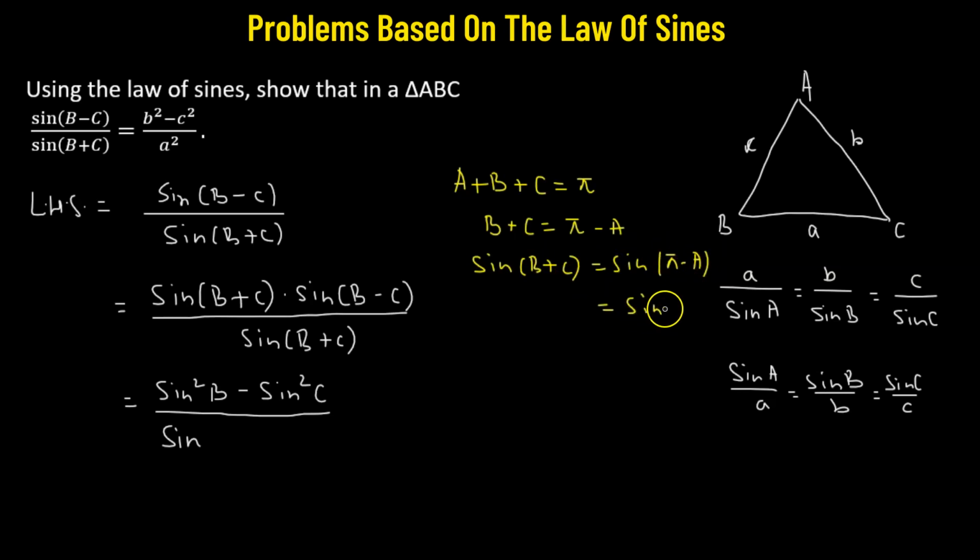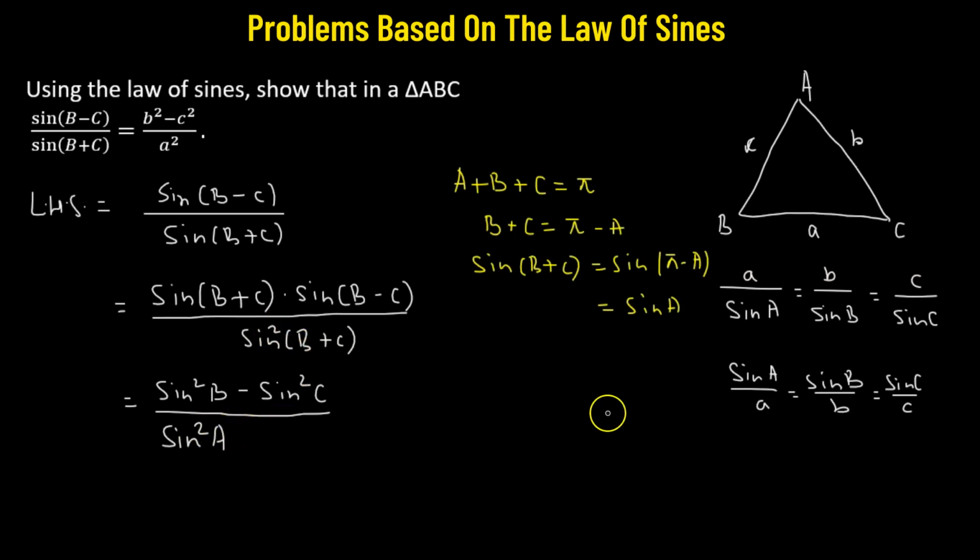That's simply sine of A, because pi minus A lies in the second quadrant, so we have a positive sign, and pi means we have an even multiple of pi over 2. So in place of sine(B plus C) in the denominator, we can simply use sine A. Okay, I made a mistake here. It's sine squared (B plus C), so we're going to get sine squared A.